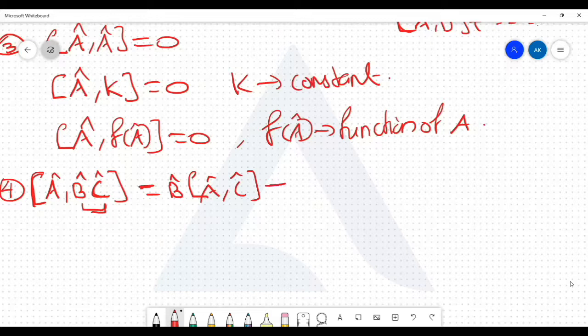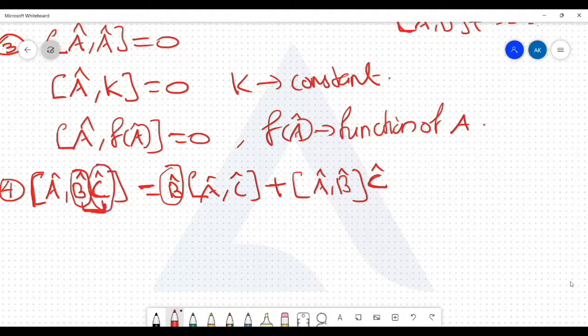Plus the commutator of AB, the second term in the product goes on the right of the commutator. The operator which is on the left in the product should be put on the left, and the one on the right side should be put on the right side of the commutator.